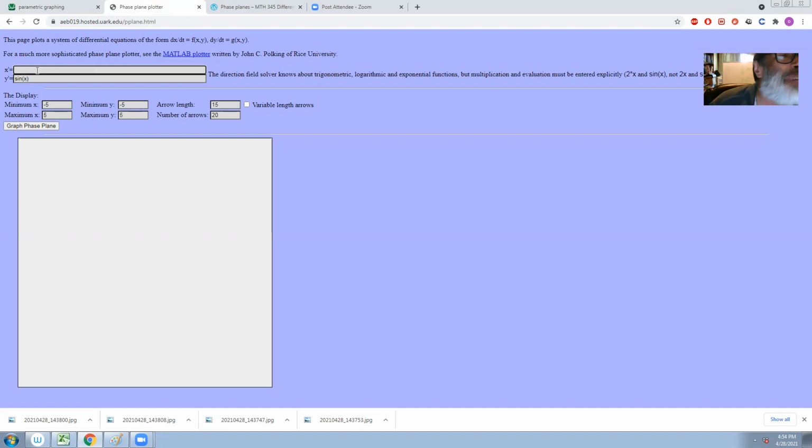So the way you input this is going to be minus x plus 6 times y. And you have to put a little star there. It gets upset if you don't. And then the next one is minus 3 times x plus 8 times y. And let's graph the phase plane.